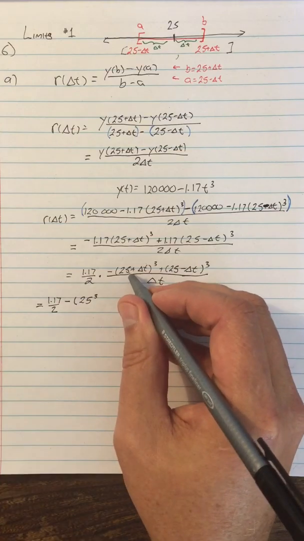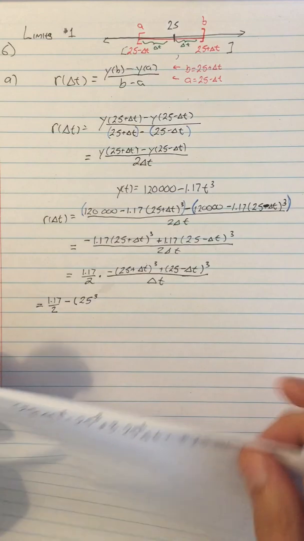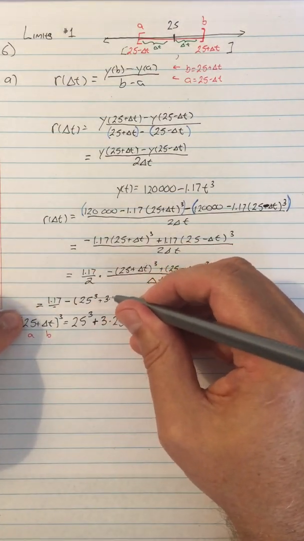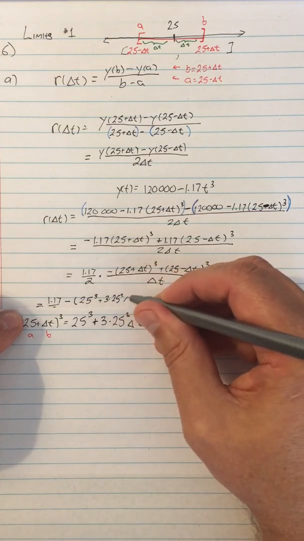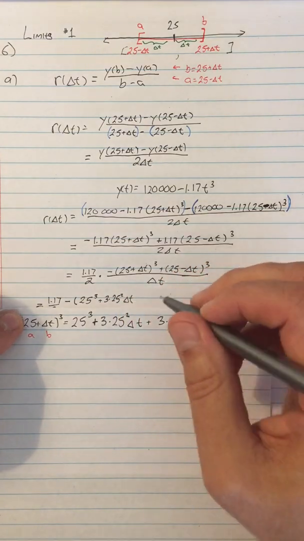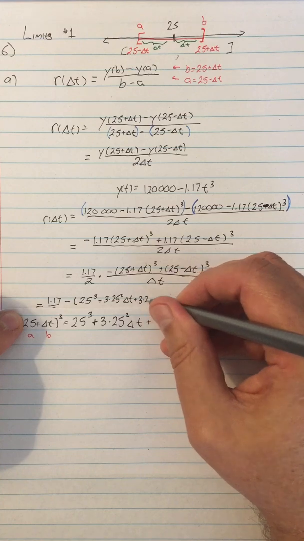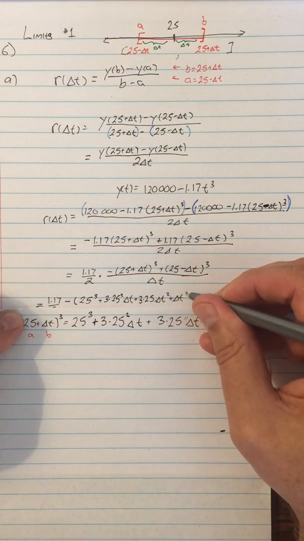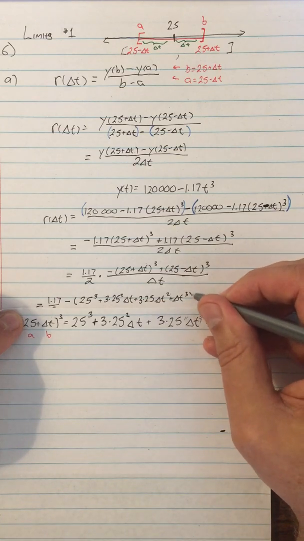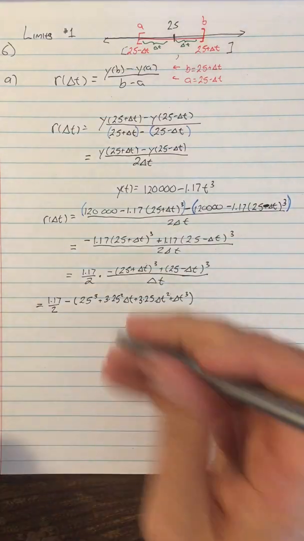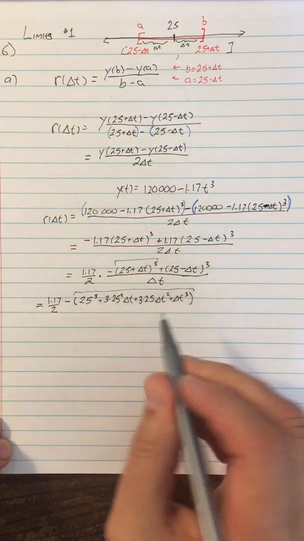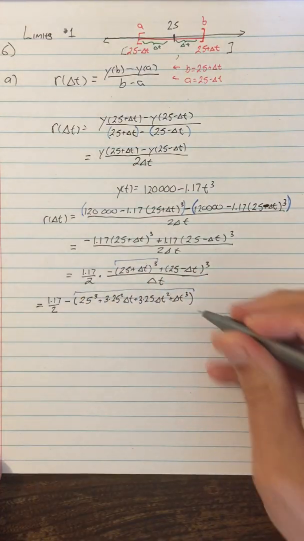That's the first term here, and this is really coming from my scratch work. And then plus 3 times 25 squared delta t plus 3 times 25 delta t squared plus delta t cubed. So that is just this term right here, and I've got the minus sign out front of it. Then I have plus.